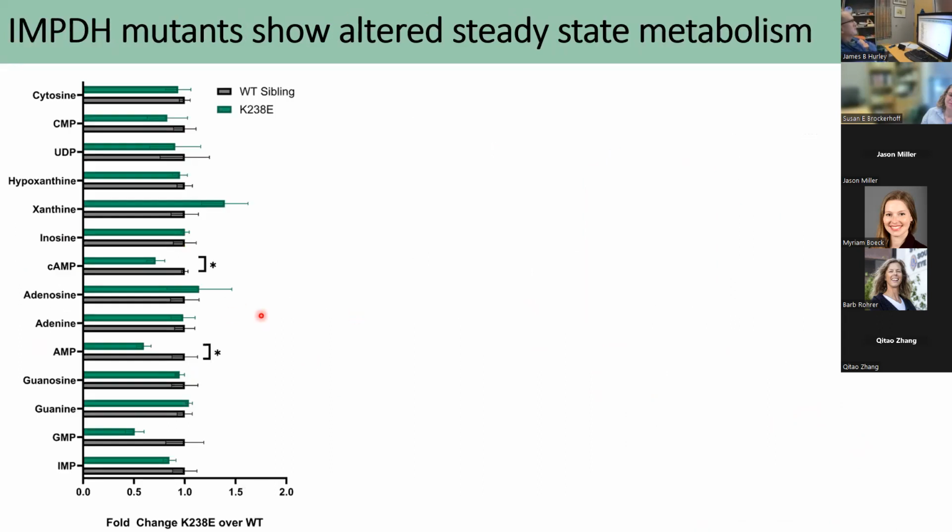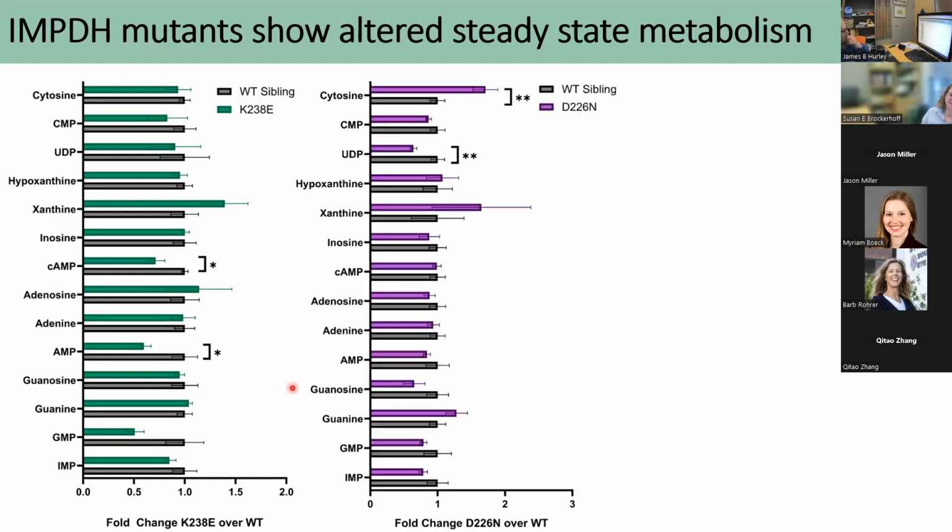And so we wanted to look at other metabolites in the purine and pyrimidine pathway. For K23AD, we see similarly that cyclic AMP is down, AMP is down. Some of these are trending down. Hopefully with a higher N, we can get better clarity on whether this is actually significant or not. And for D226N, we don't see any changes in the purines per se, but we do see changes in pyrimidines.